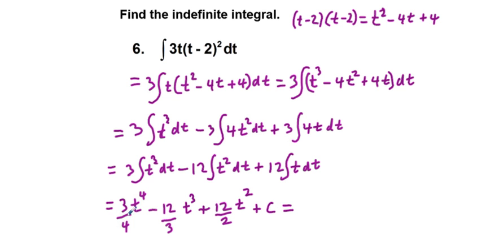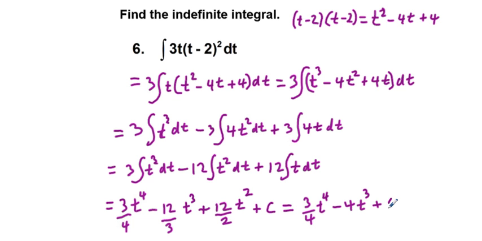And next thing we're going to do is simplify these 3 terms on the left. So we have 3/4 t to the 4th power, and 12 divided by 3 is 4, so we have minus 4t cubed, and 12 divided by 2 is 6.